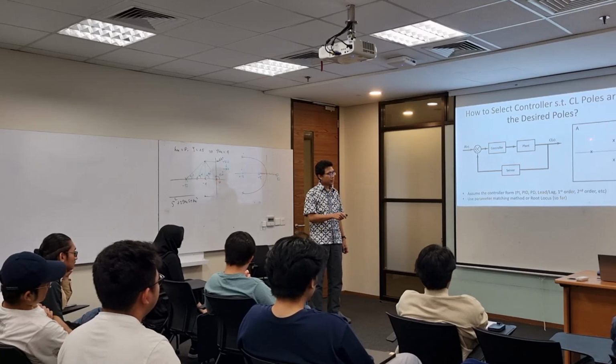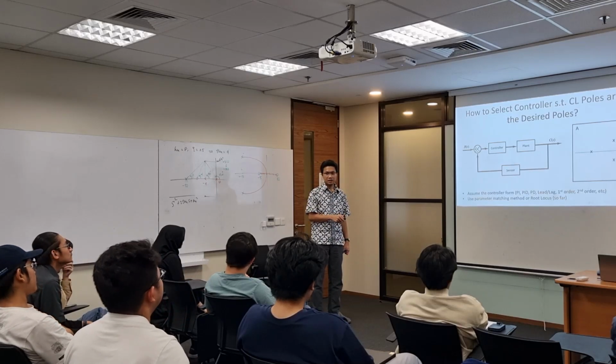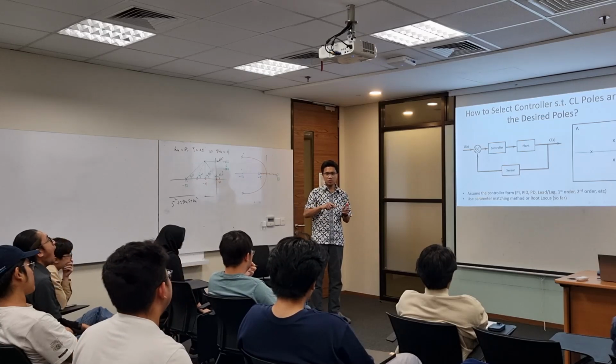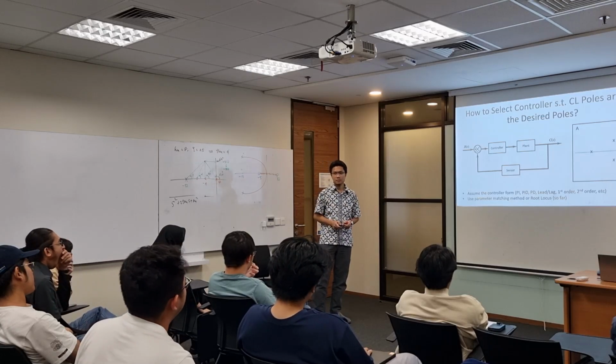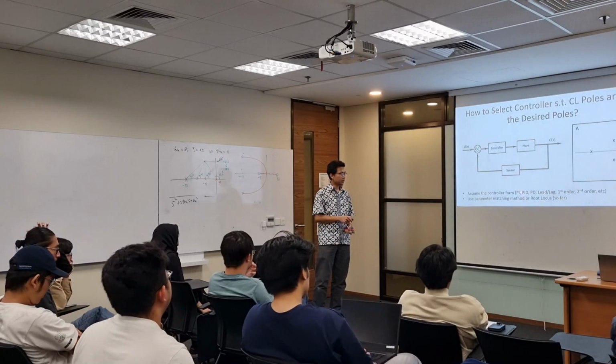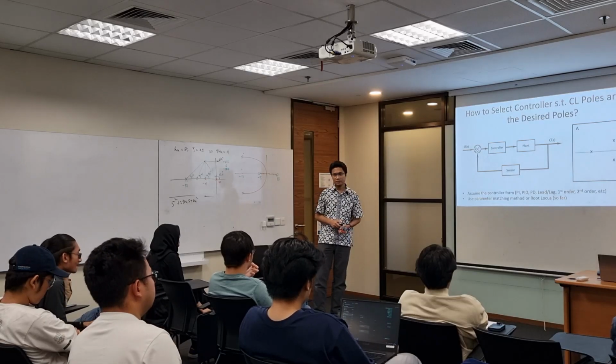And then you also expand the characteristic equation based on the desired poles. Okay, and then you match the coefficients between the two equations. After that, you can determine the parameters of P, PI, PID, or lead lag, etc.